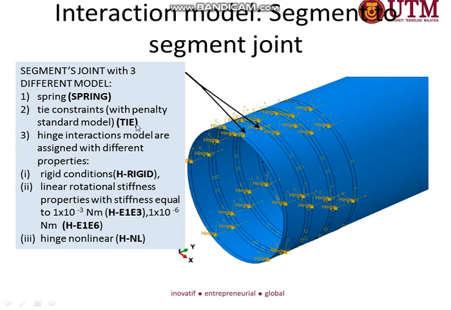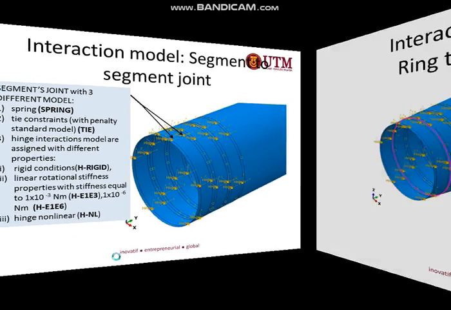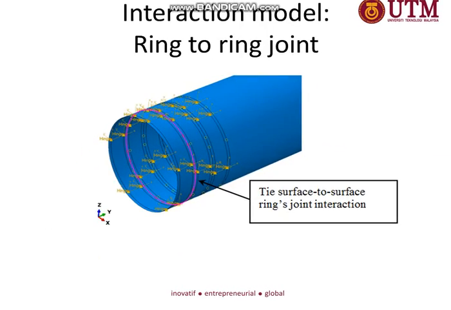The tie represents the continuous tunnel, meaning a tunnel without segments. And the hinge interaction model can be assigned with different stiffness. So I have tried hinge rigid, hinge with 1 kilopascal and 1 megapascal, and also hinge nonlinear. For hinge nonlinear, the data is taken from laboratory test data.